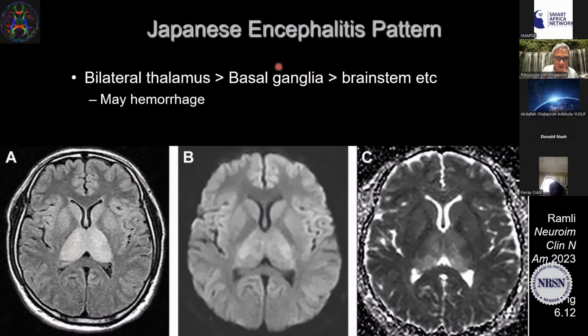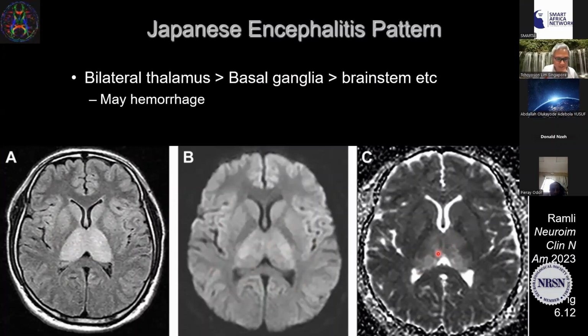Sometimes they will affect the basal ganglion, sometimes they will affect the brainstem and others, but more consistently it will affect the thalamus. And they may hemorrhage.